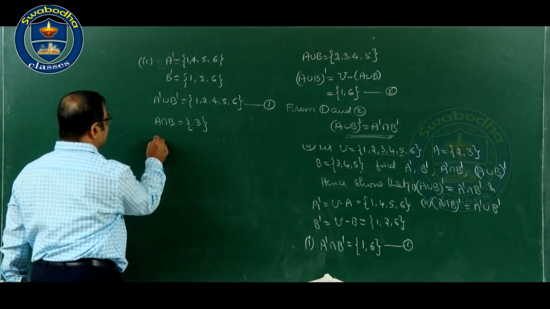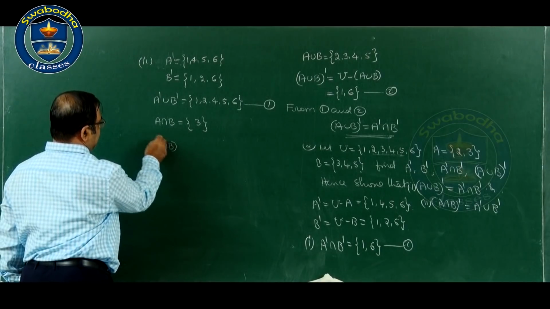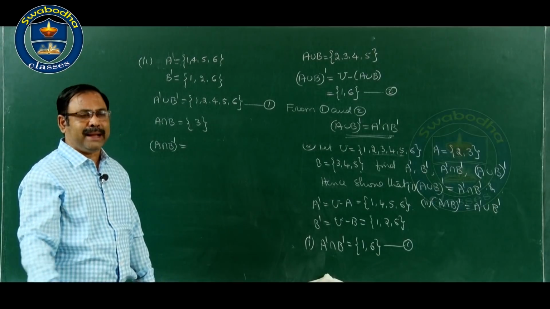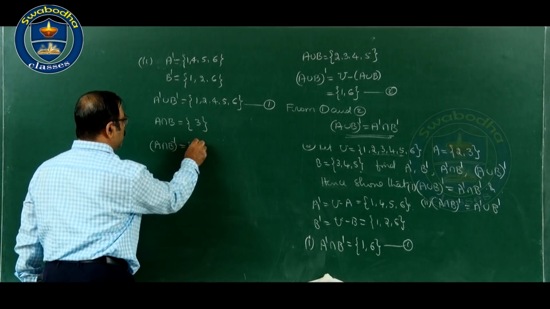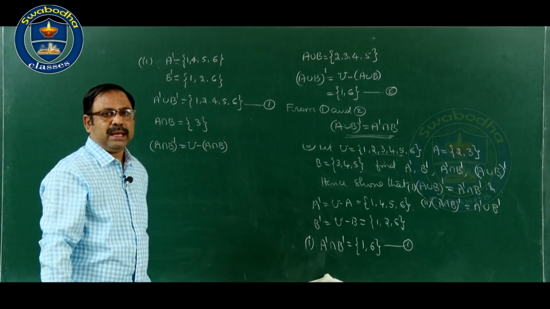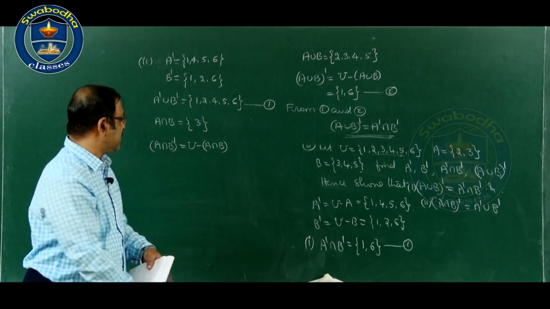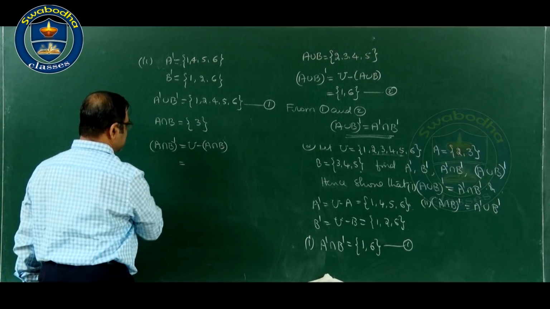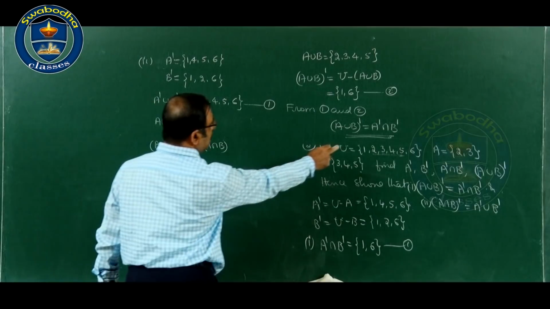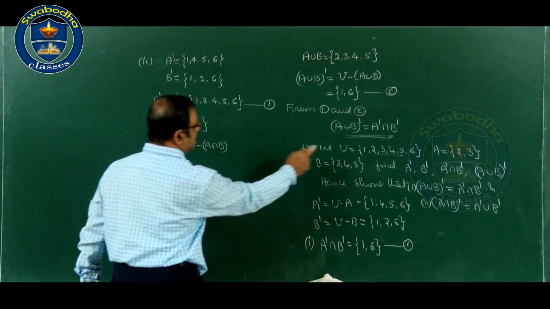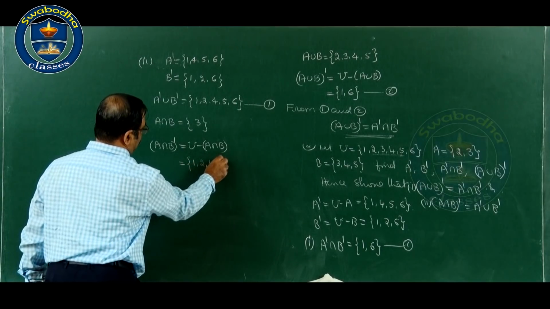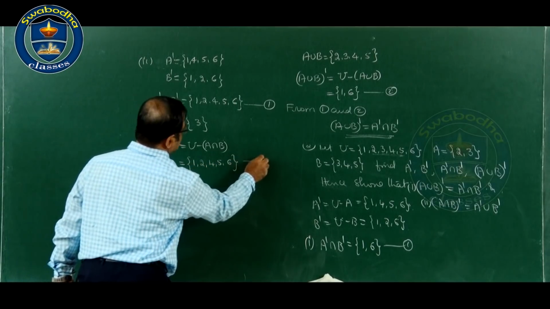Now, let us write A intersection B complement. That is U minus A intersection B. U is 1, 2, 3, 4, 5, 6. 3 must be subtracted. So, 1, 2, 4, 5, 6.